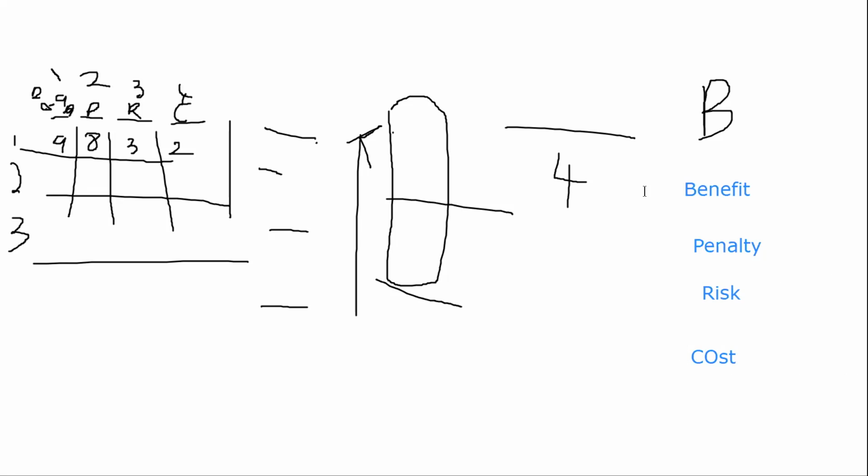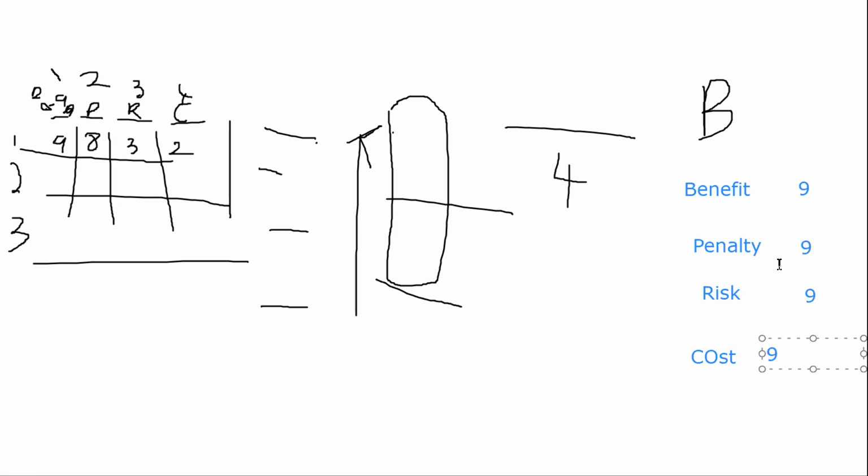You give numbers to each of them between 0 and 9. 0 is low benefit, 9 is high benefit. 0 is no penalty, 9 is high penalty. Risk, 0 is low risk, 9 is high risk. Cost, 0 means low cost, 9 means high cost.